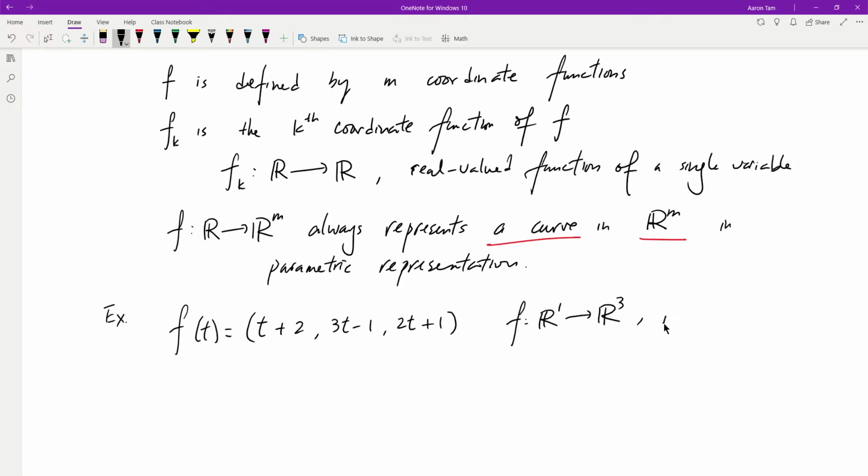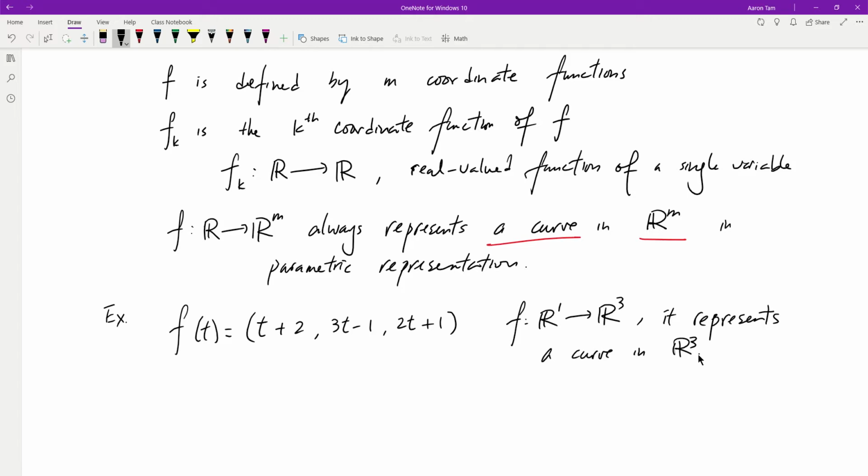So therefore, it represents a curve in R^3. Now, you have actually seen this type of function before, not the exact function, but this type. If you did not recognize it, I can show you. But if you recognized it, good job.